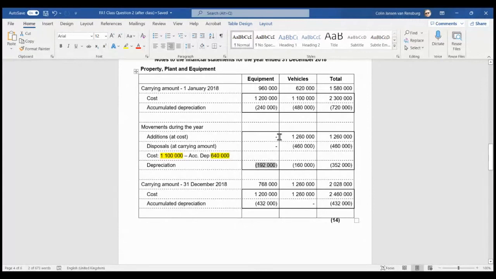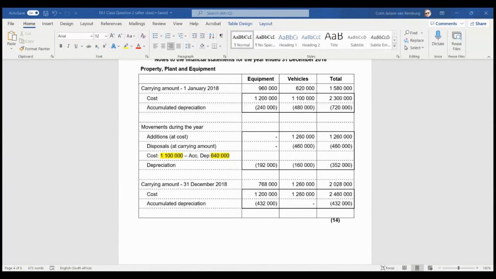So they put in a little dash there. And there as well, because there were no additions and there were no disposals. Now we simply go and reconcile it to the end of the year. So what is at the end of the year, ladies and gentlemen? At the end of the year, what is the balance on the cost of equipment? If you can type for me, please.